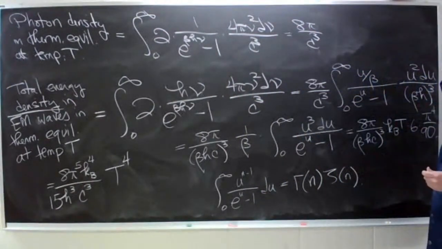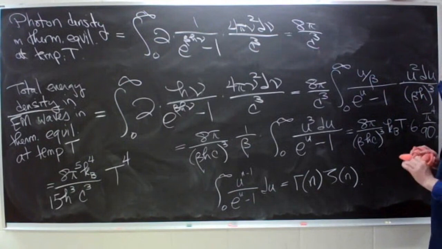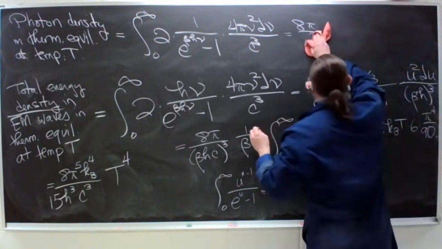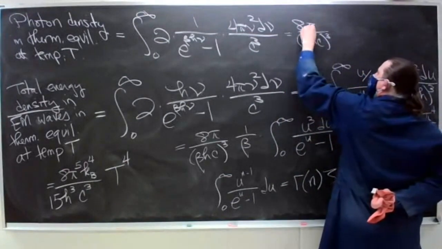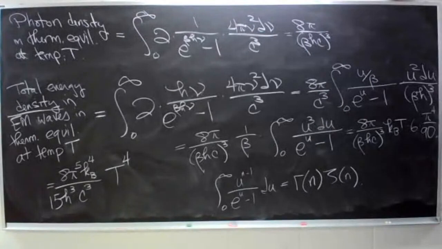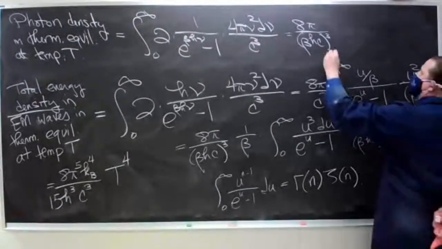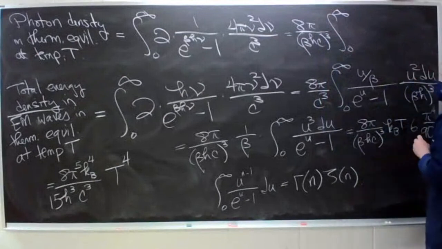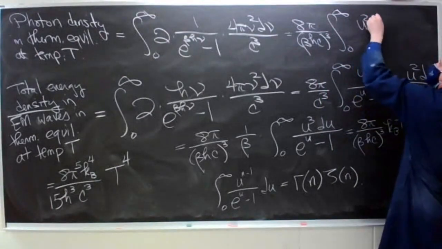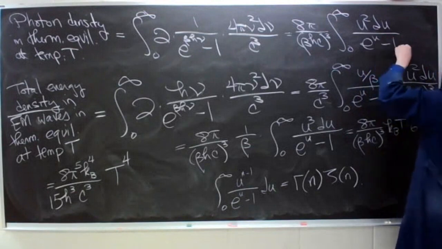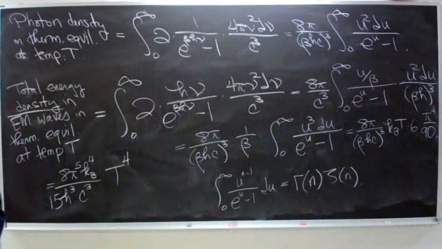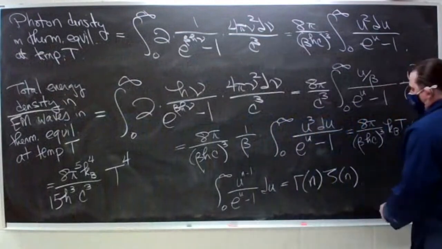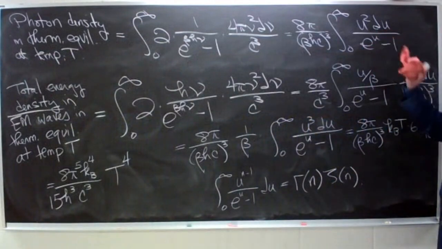I'll do exactly the same computations. All the same stuff will happen. And then it would be the integral 0 to infinity of u squared du divided by e to the u minus 1. Same thing, it's just instead of 4, we'll have 3.